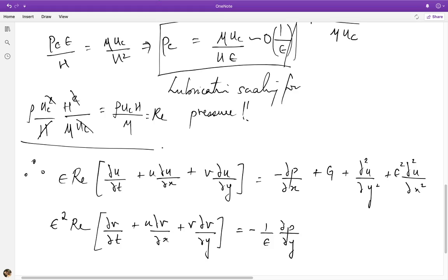Right, we had seen this before in earlier problems as well. I don't have any applied pressure gradients in the y direction, so I have no g contribution. If you do have a vertical component, if you're doing gravity, then you will have a gy here. But it's just a constant, and you can always absorb that into the pressure.